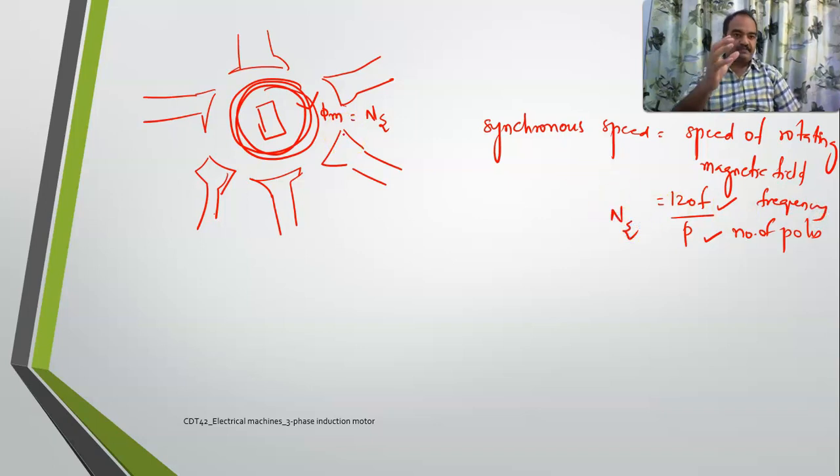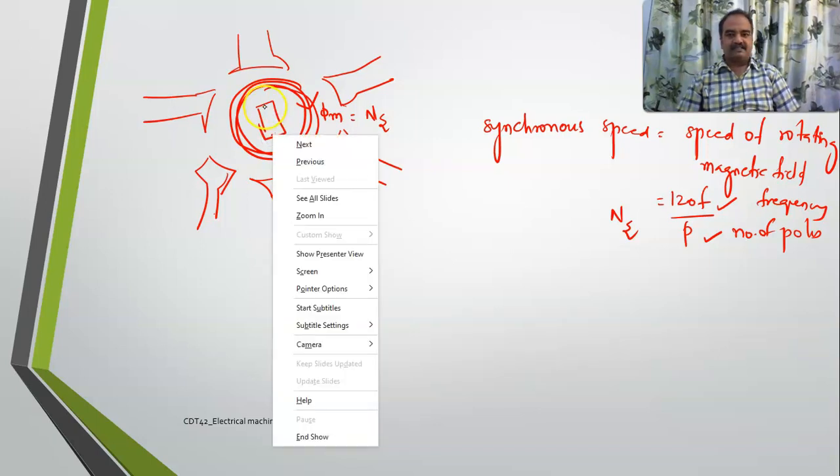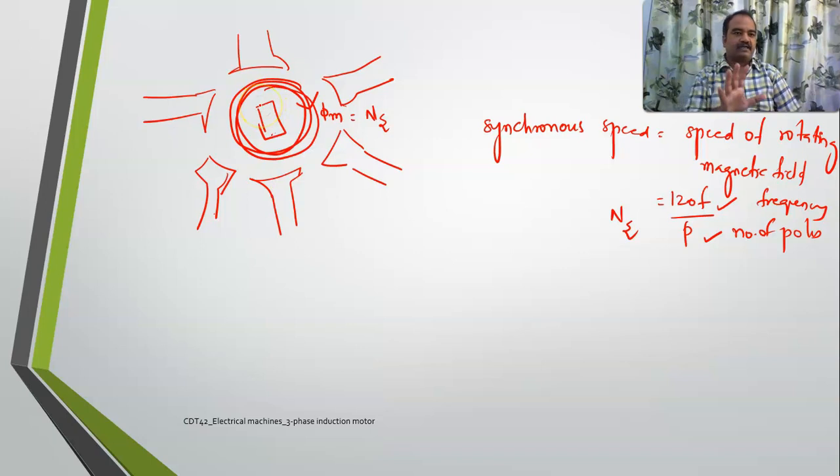So now your field is automatically rotating with respect to space. Now if I keep a conductor here, what will happen? This conductor is just a normal stationary conductor. So what happens when you have a field which is moving around you? Automatically it is cutting the magnetic flux, right?